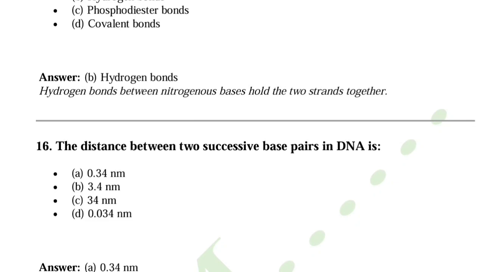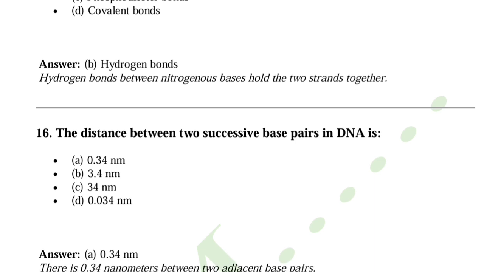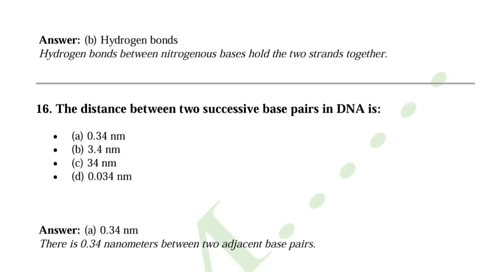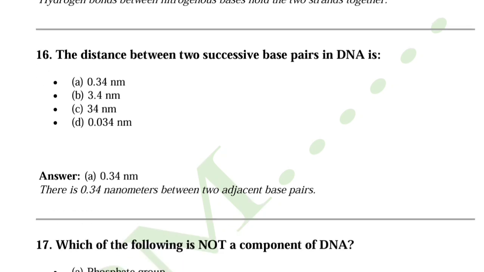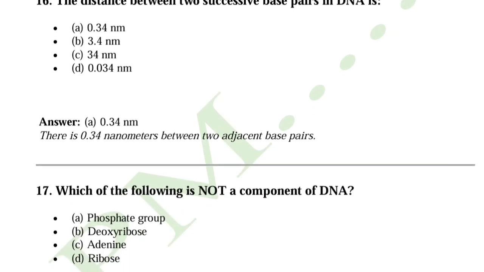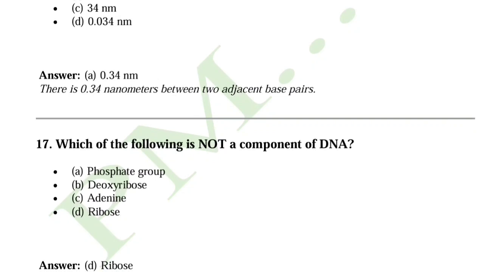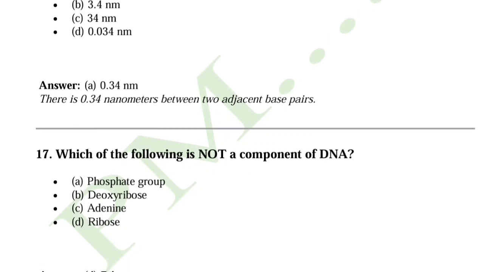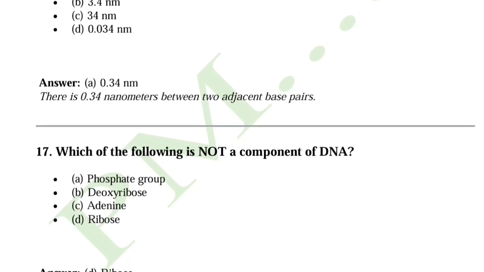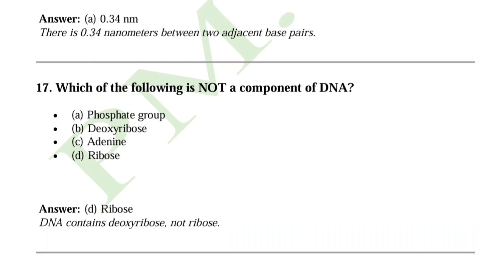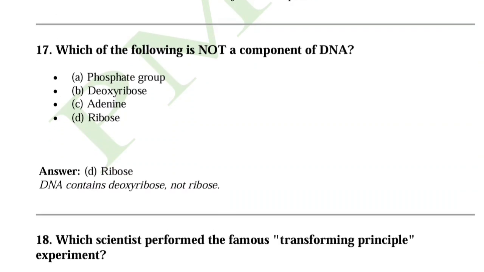So the distance between them is 0.34 nanometer. Okay, between the 2 adjacent base pairs. Question number 17, which of the following is not a component of DNA? So phosphate group is there, deoxyribose sugar is there, adenine is there, but ribose is not a component of DNA. It is a component of RNA.